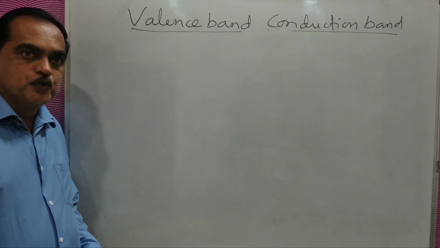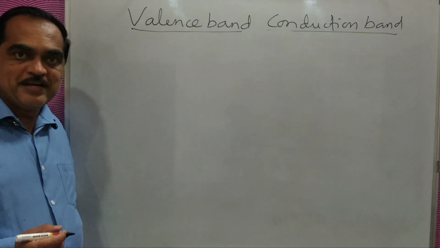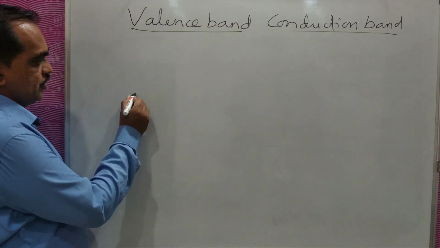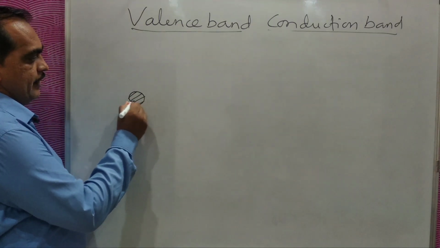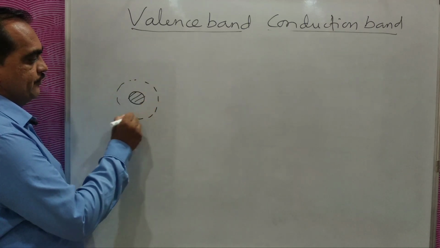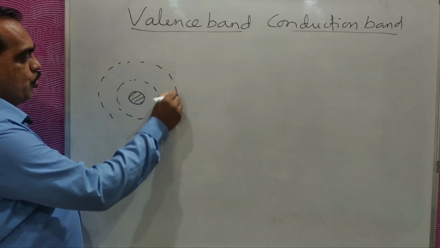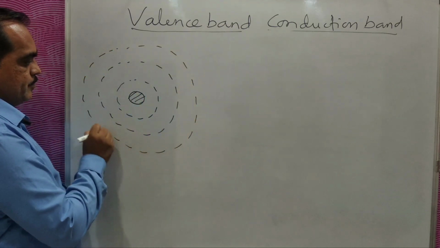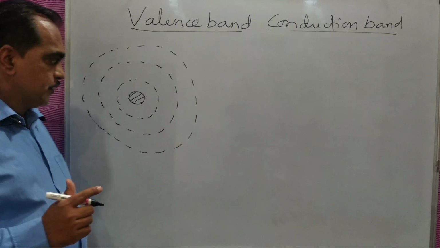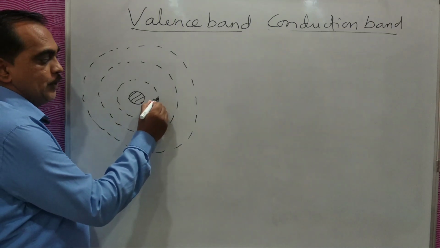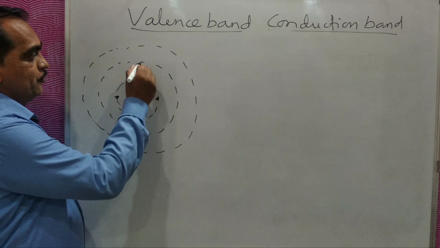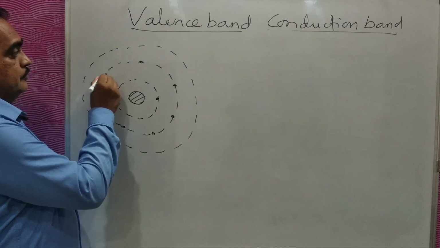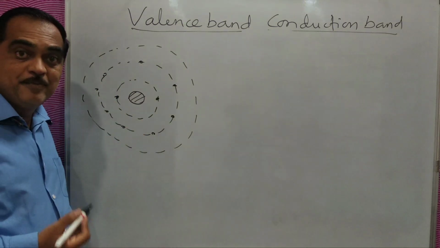Now here students, to know what is valence band and conduction band, we know that when we studied atomic structure, this was your nucleus and these were the orbits, orbit 1, orbit 2, orbit 3, orbit 4 and all. Okay, so the first orbit will have 2 electrons, second orbit will have 8 electrons, and the last orbit will have remaining electrons.